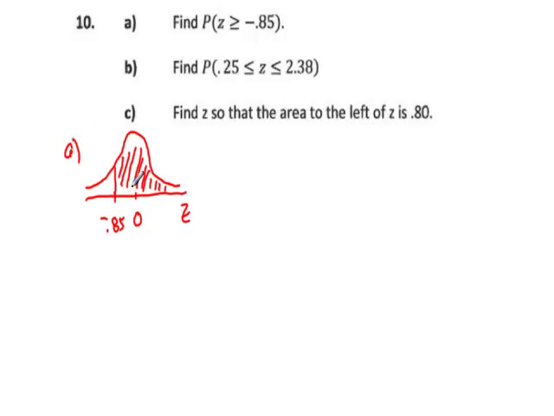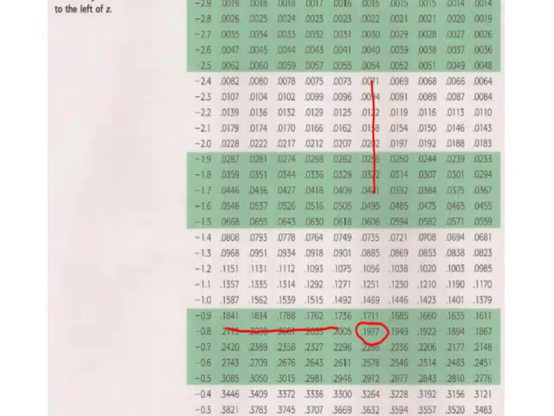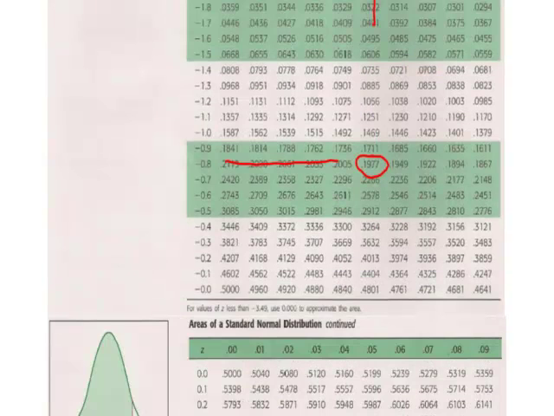Now, when we go to our problem, we have a right tail. We want to find the probability that z is greater than negative 0.85. So in every case that you see a problem with greater than or equal to, we're going to use the complement rule. The probability that z is greater than or equal to negative 0.85 is equal to 1 minus the area in the left tail, which is what we found to be 0.1977.